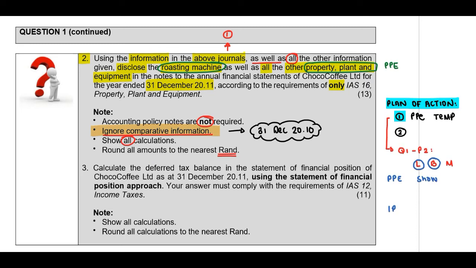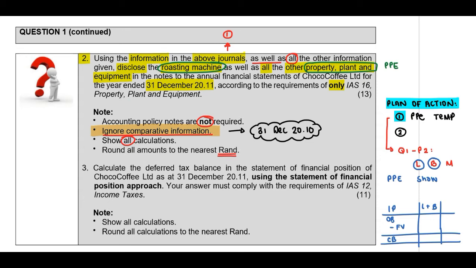In your PPE note, you have to show this separately. In your investment property note, you need to include land plus building in one column. You will have an opening balance, you will have a closing balance, and you will normally have your fair value adjustments, movements, such as disposal or acquisition.